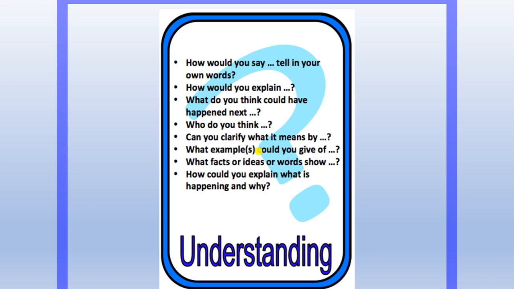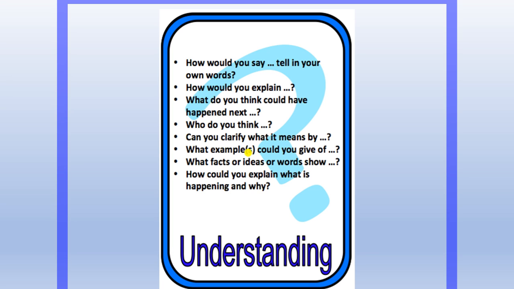There are some questions listed here, like how would you say, tell in your own words. How would you explain this term? What do you think could have happened next? Who do you think? Can you clarify what it means by? What examples could you give of?